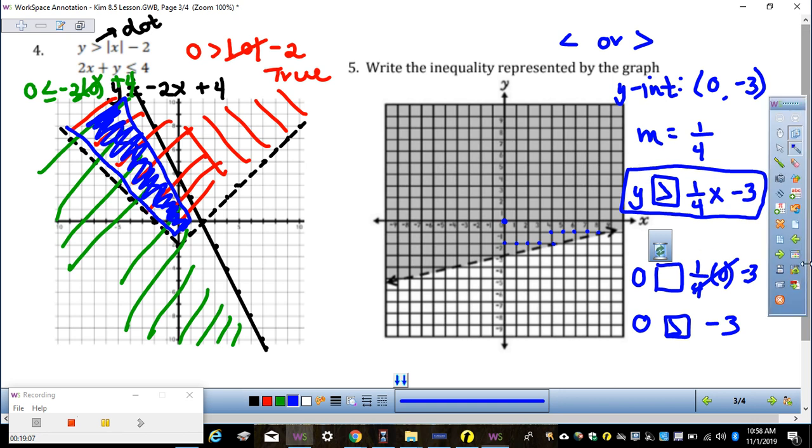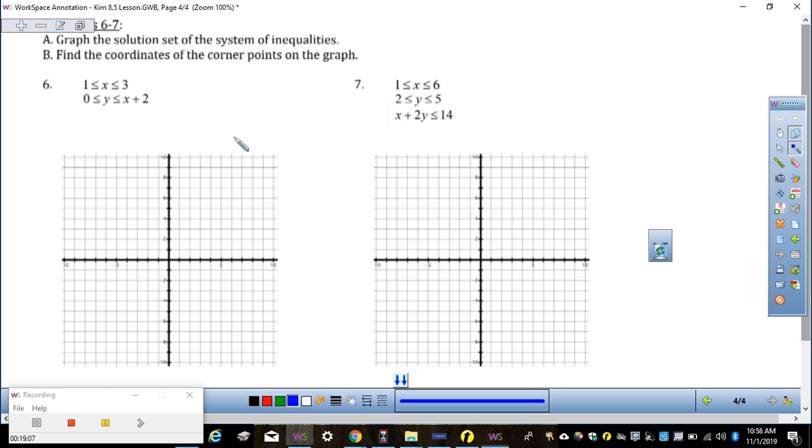All right, last 2 questions we're going to take a look at. The inequalities look a little bit scarier, but they're really a little bit nicer. So let's take a look at number 6 here. We see 1 is less than or equal to x is less than or equal to 3. Think about just looking at part of this at a time. So if I covered up the 1, I'm looking at the statement that x is less than or equal to 3.